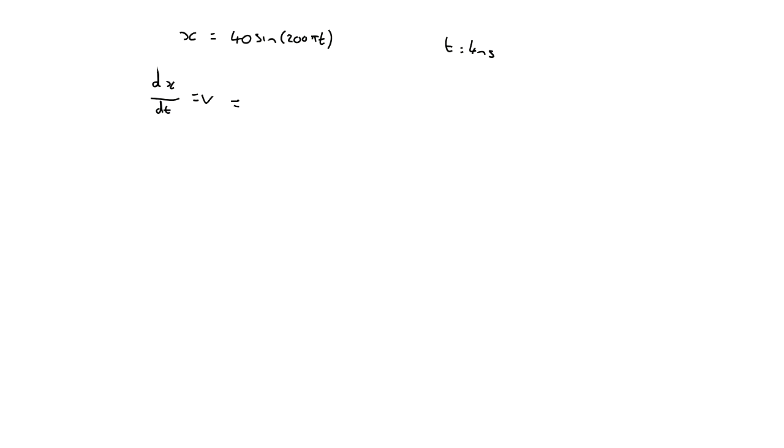So we're going to get 40 times 200 pi times cos of 200 pi t, which is our velocity. And then we can plug our t into that.